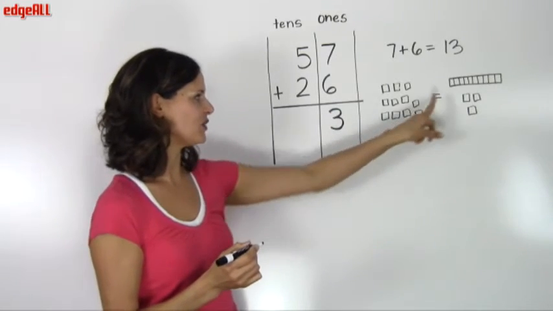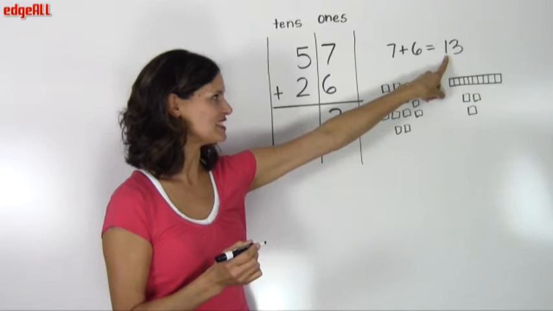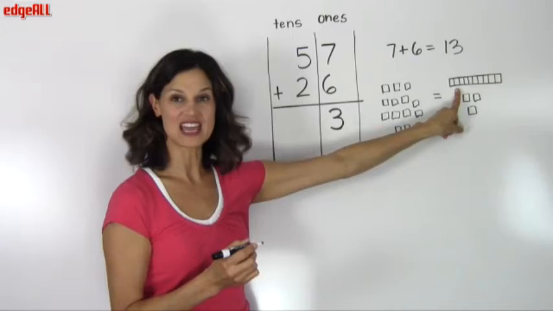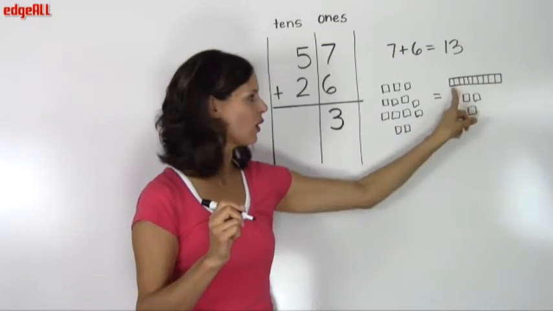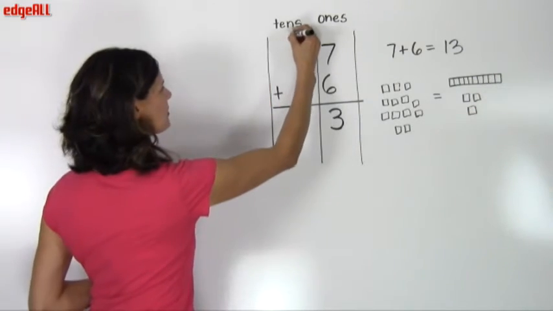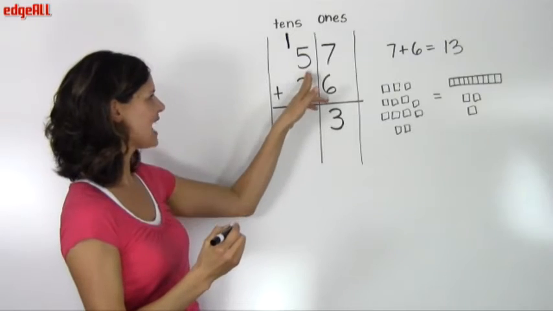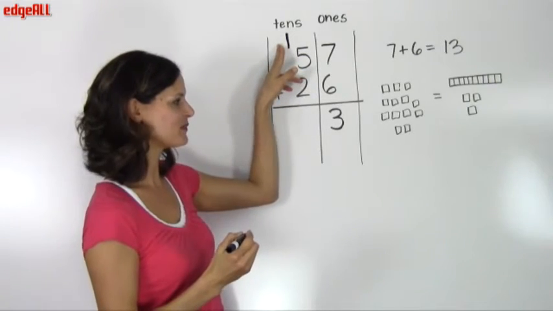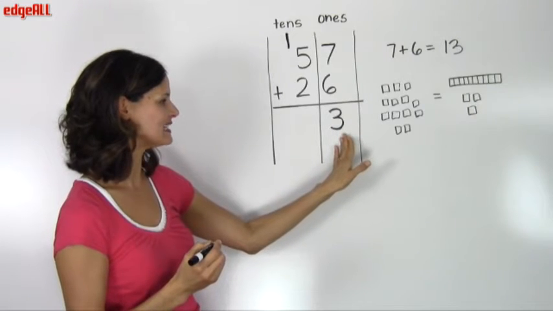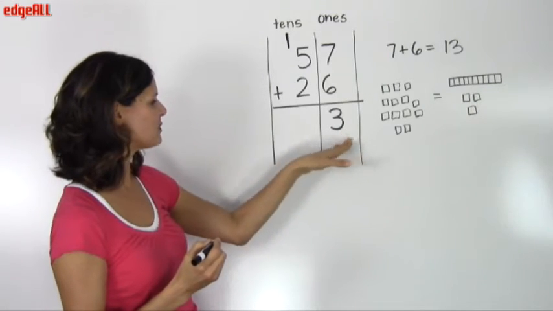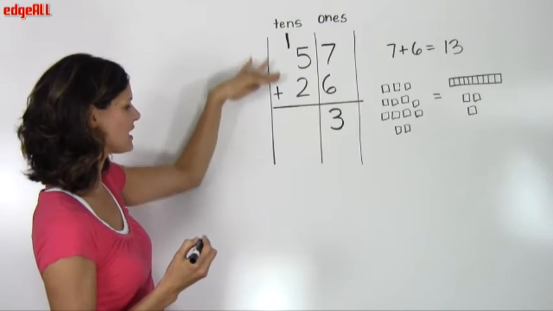Then we take the 1, which is in the tens place, or we can think of it as 1 ten, one group of 10, and we put it here in the tens column up above the 5. So we keep the digit 3 in the ones place, but we move the 1 from the tens place up to the top of the tens column here.